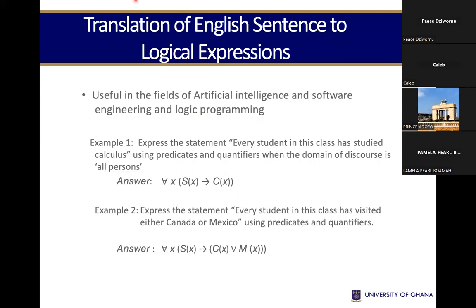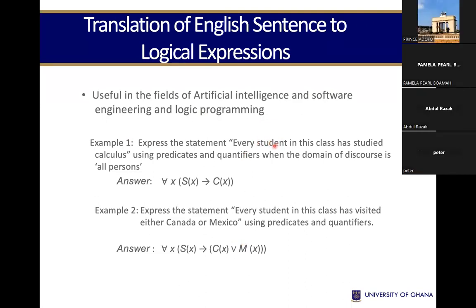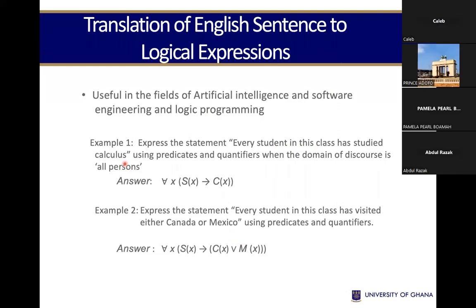But when you check it well, you realize that we have this statement as a compound proposition. Check it very well: students in this class, studying calculus. There's no way you can concatenate them together as one, because you are looking at the student as one subject. You can also have calculus 2 as another subject.